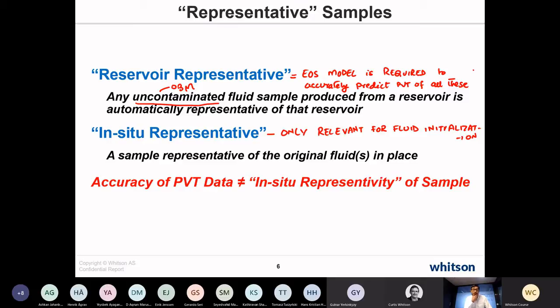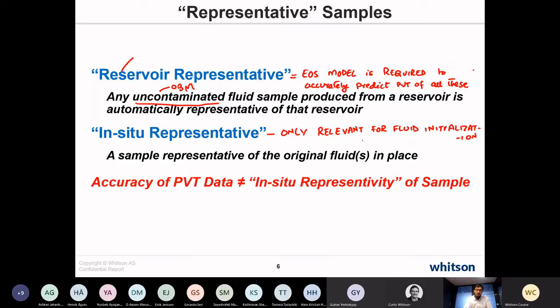So meaning that if you have good quality PVT data measured on reservoir representative samples, then you would like your equation of state model to accurately predict all that good quality PVT data measured on these samples here. And it doesn't necessarily mean that those samples should be in situ representative, because the in situ representative samples are only relevant for your fluid initialization.